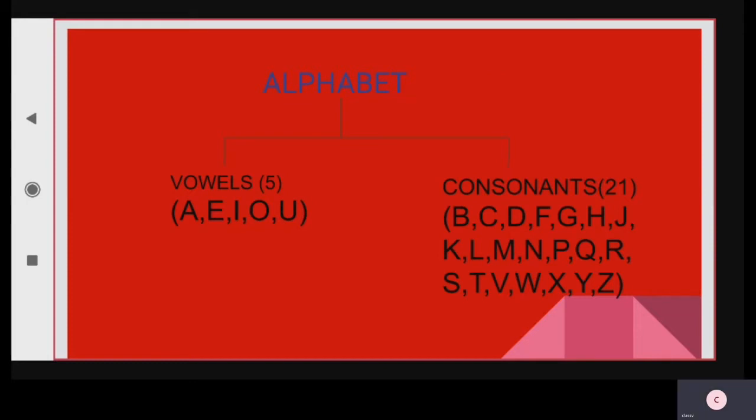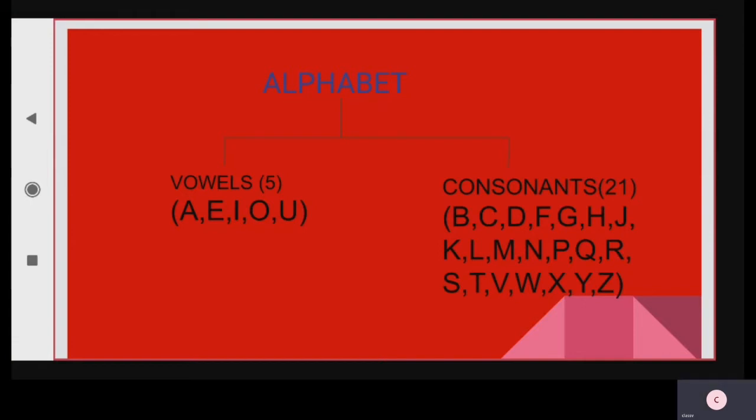They are B, children repeat after me, B, C, D, F, G, H, J, K, L, M, N, P, Q, R, S, T, V, W, X, Y, Z.